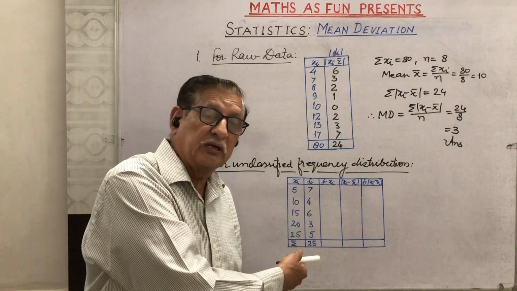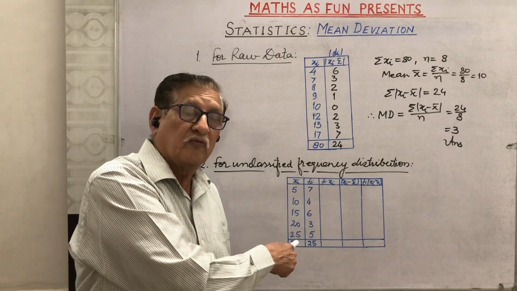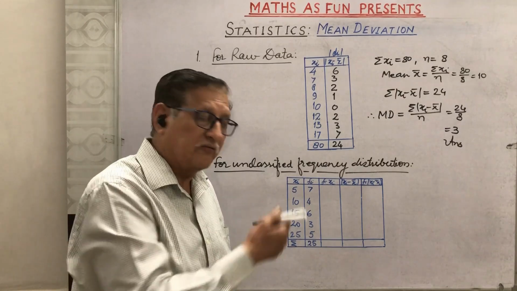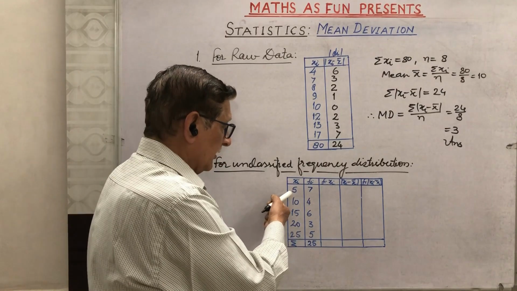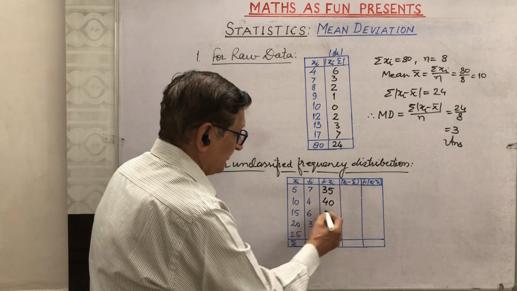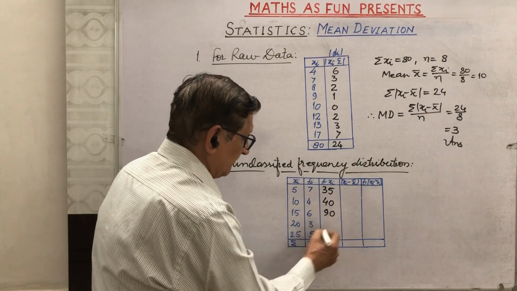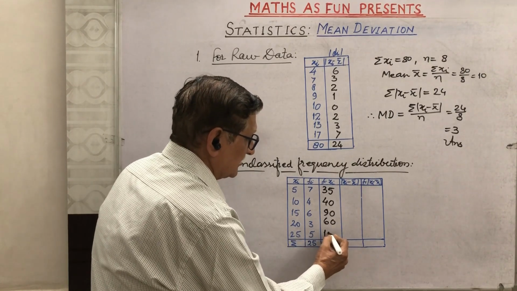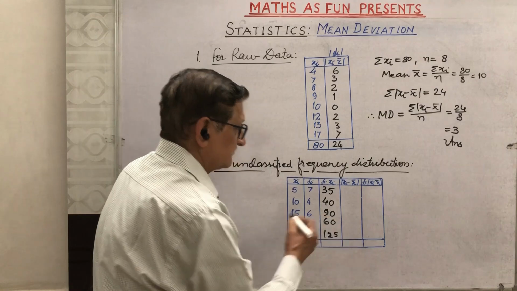For finding the mean, in case we use the direct method, we have to find the product of fi and xi. And we do it here. 7 into 5 is 35, 10 into 4 is 40, 15 into 6 is 90, 20 into 3 is 60, 25 into 5 is 125.